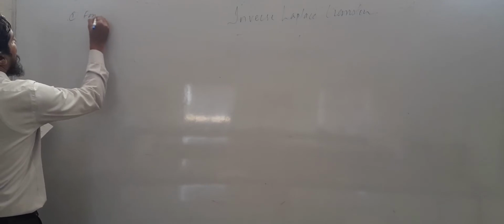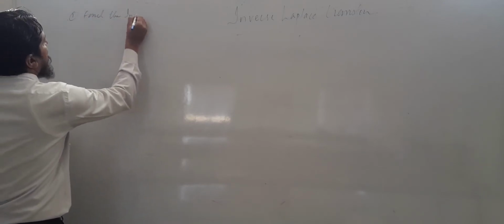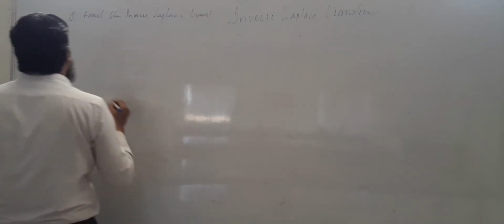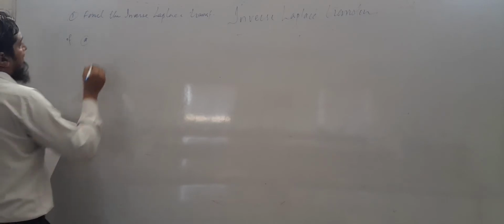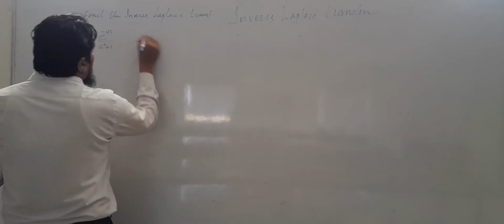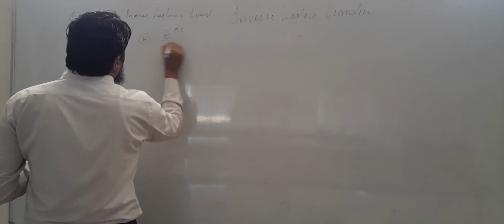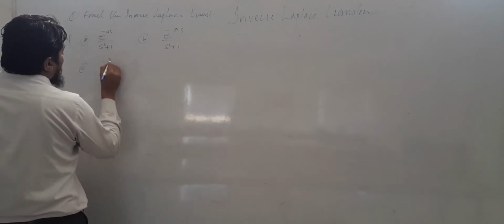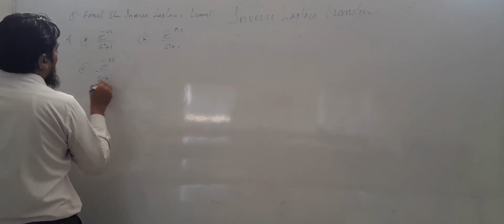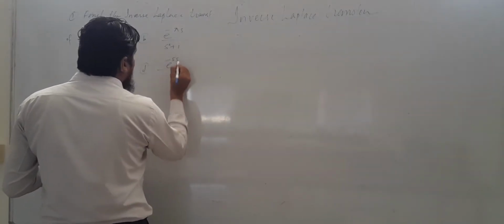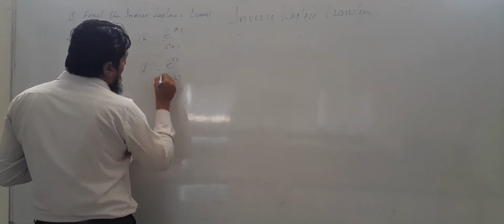So find the inverse Laplace transform of (a) e raised to minus s upon s square plus 1, (b) e raised to minus pi s upon s square plus 1, (c) e raised to minus 3s upon (s minus 4) square, (d) e raised to minus 5s upon (s plus 2) square plus 4.